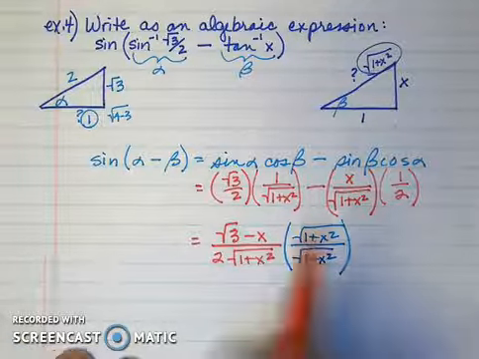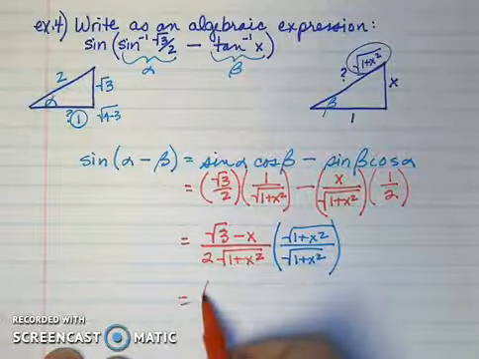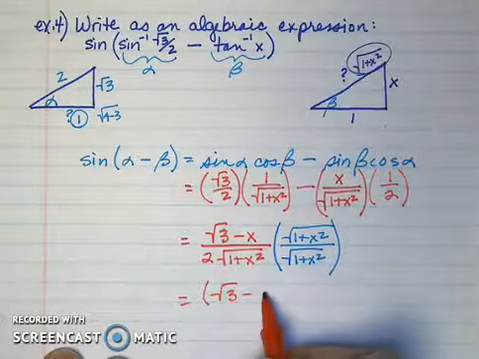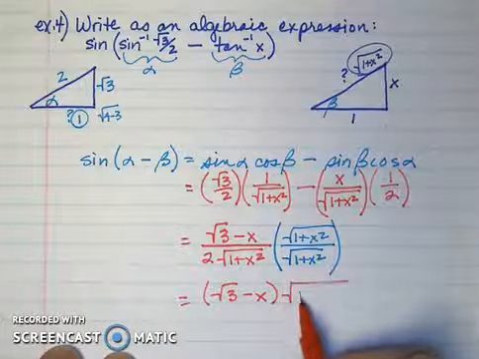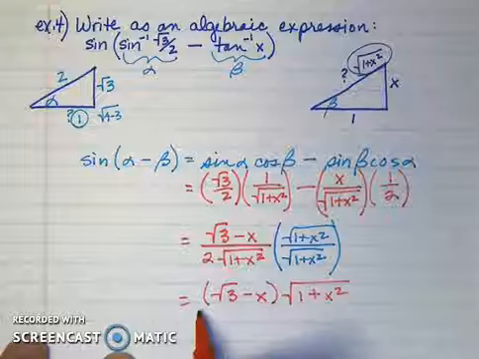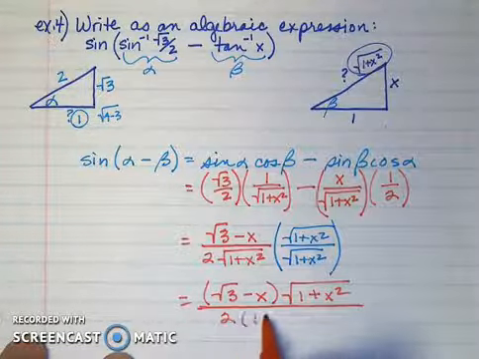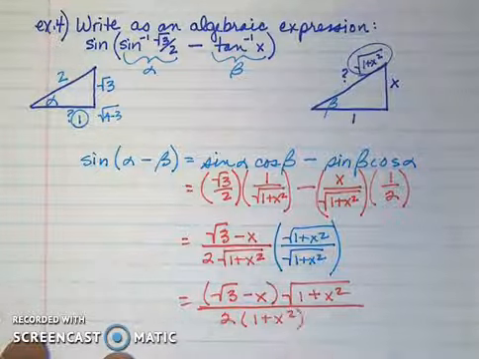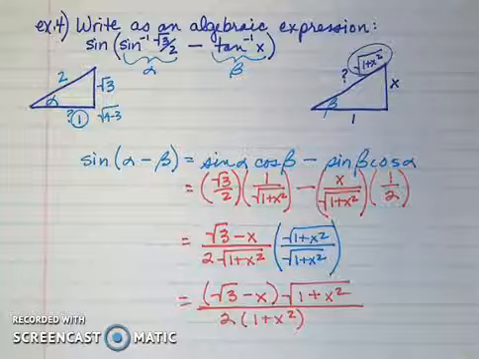In other words, I'm not going to combine it. I'm going to leave it as the square root of 3 minus x times the square root of 1 plus x squared, all over. Now down here on the bottom, I've got 2 times 1 plus x squared because the square roots were lifted. And I do think I will multiply that out.